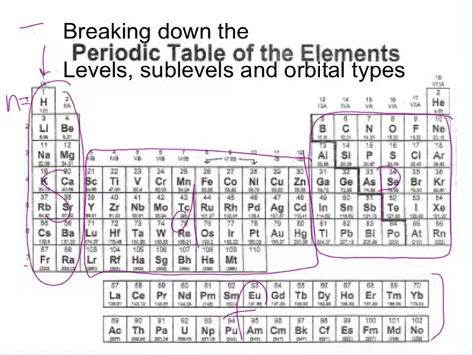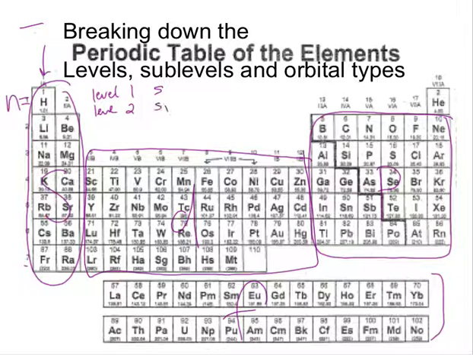And let's take a look now at the correlation between number of sublevels on a level. There's a pattern here. On level 1, we only have 1 sublevel. And what is that sublevel? S. On level 2, we have 2 sublevels. And what was that?